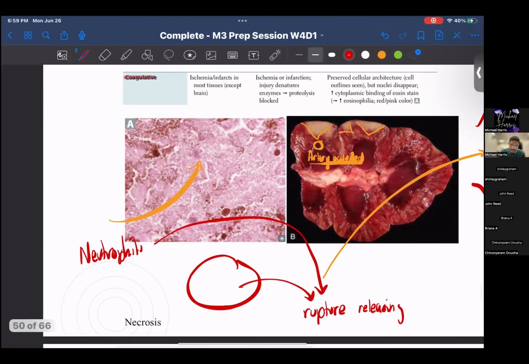What has happened in this image is that neutrophils have not come in and ruptured, releasing their enzymes to break down the tissue. So as a result, the proteins that are still left inside the cells coagulate. That's why it's called coagulative. They coagulate, keeping the cell structure.